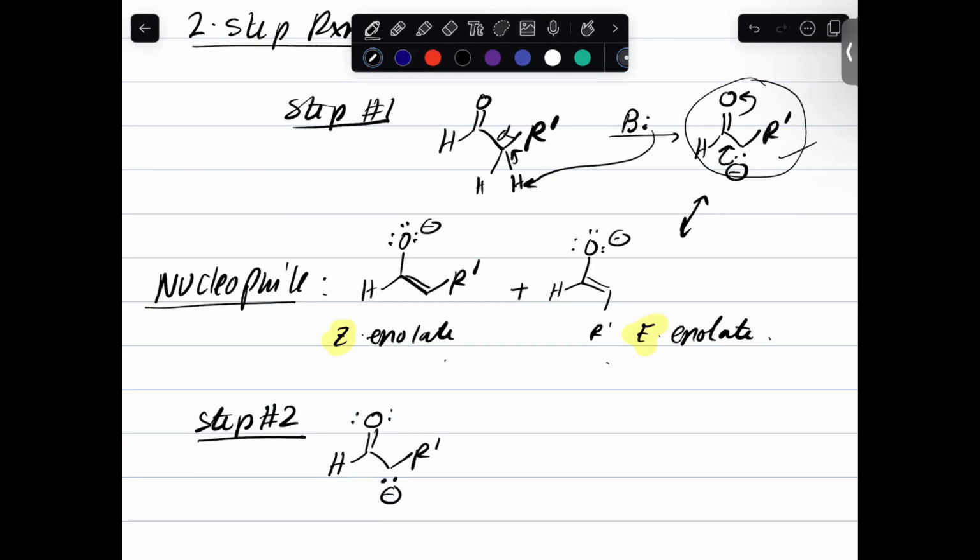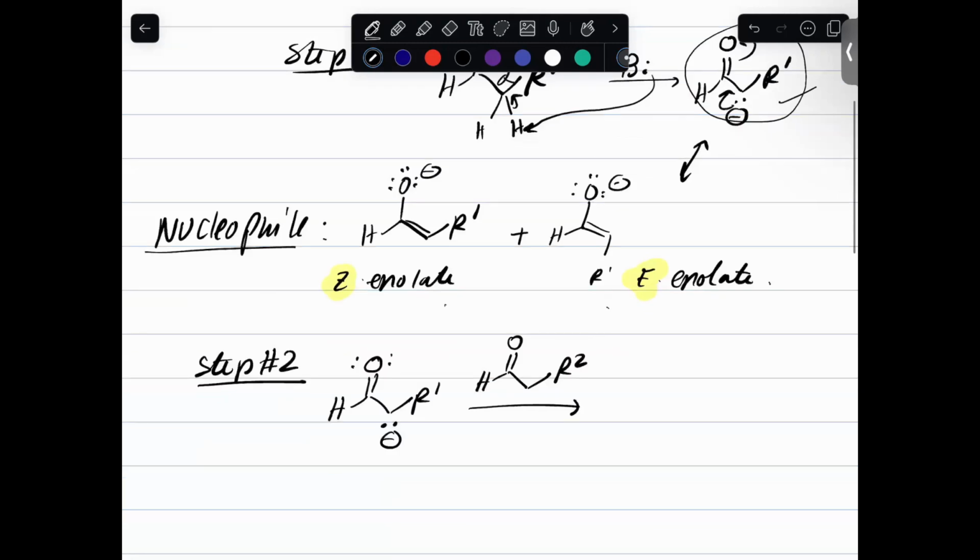Now, in step two, you treat it with an electrophile. In the previous last two lectures, we used our alkyl halide as our electrophile. Now we're going to use a second carbonyl compound, a second aldehyde, and I'll label it different. We've got our electrophilic center, which is our carbonyl carbon, and that's where the nucleophile attacks.